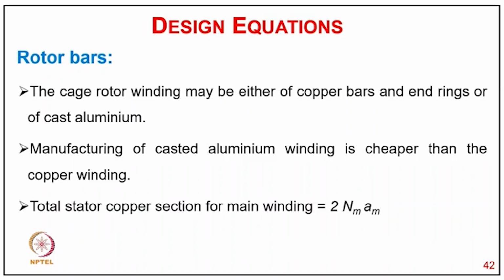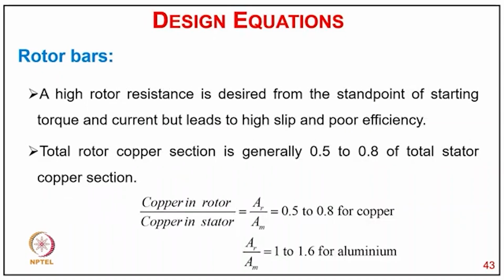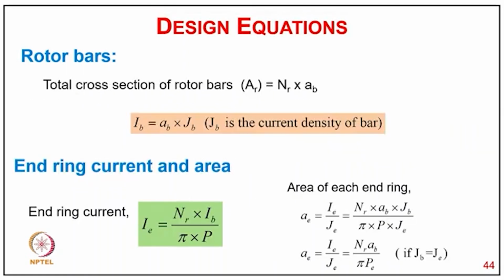So total stator copper cross section for main winding is 2 NmIm, and a high rotor resistance is desired from the standpoint of starting torque and current but leads to high slip and poor efficiency. So total copper section is generally 0.5 to 0.8 of the stator copper section. So the copper section in rotor to stator, AR upon AM, is 0.5 to 0.8, and AR upon AM equal to 1 to 1.6 for aluminum, which is usually typically higher.